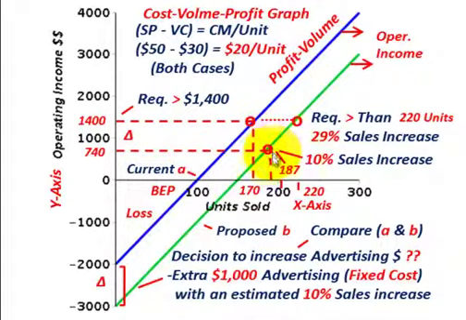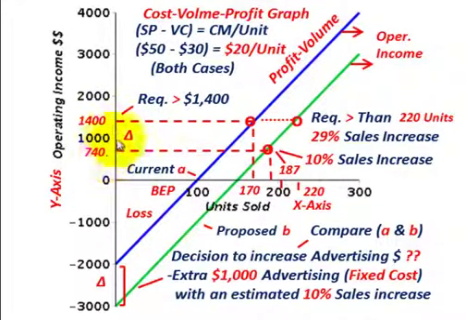Okay, so now we can make our comparison between what's currently going on and what our proposal is based on that 10% sales increase. You can see it makes absolutely no sense to spend that extra $1,000 in advertising cost to generate a 10% increase in sales, because our operating income for our proposal based on that 10% sales increase is only $740 versus the $1,400 we're currently making.